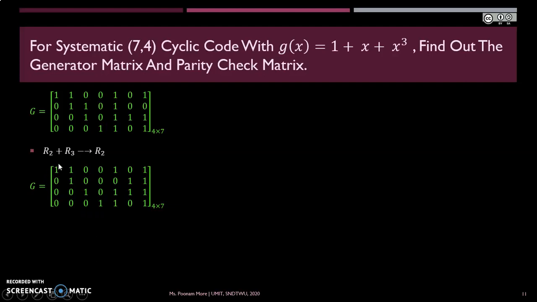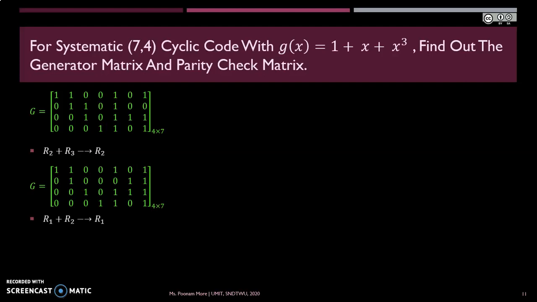So we have to get rid of this one. For getting rid of this one we will now add the R2 row into the first row, so that our 4 by 4 identity matrix will be available along with the 4 by 3 parity matrix.